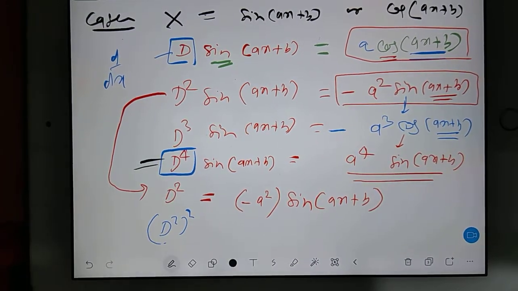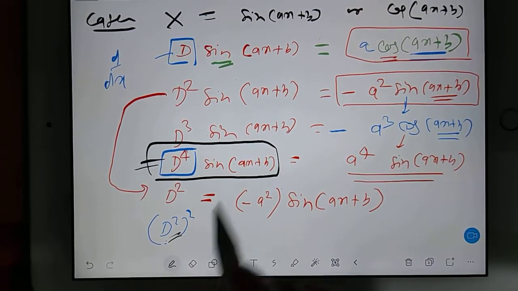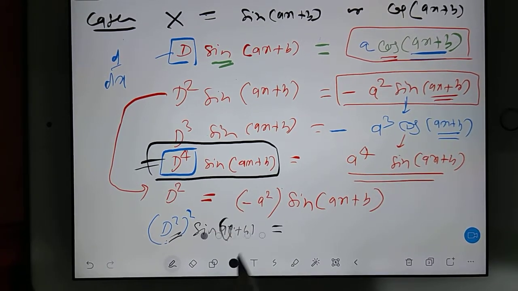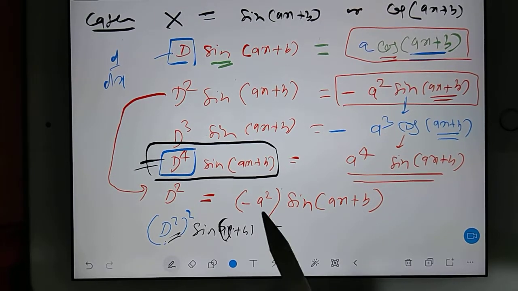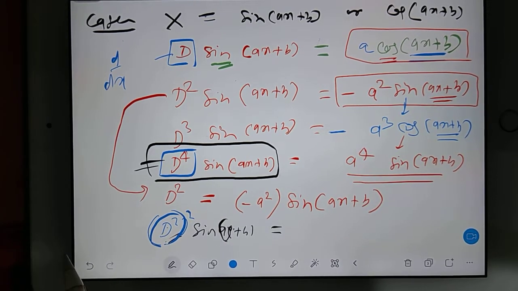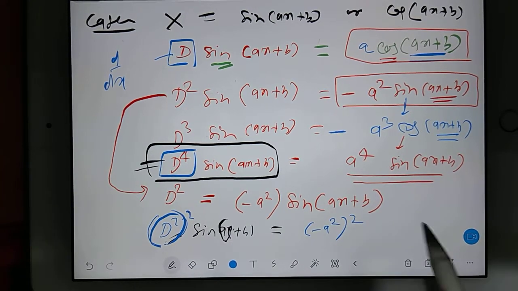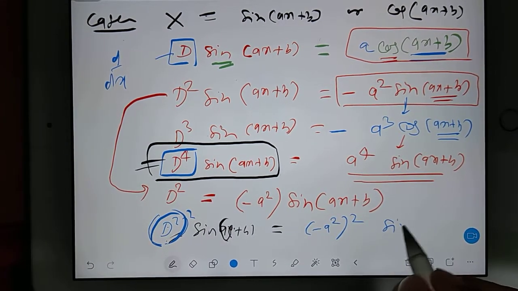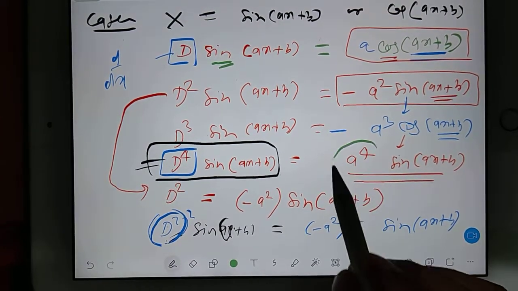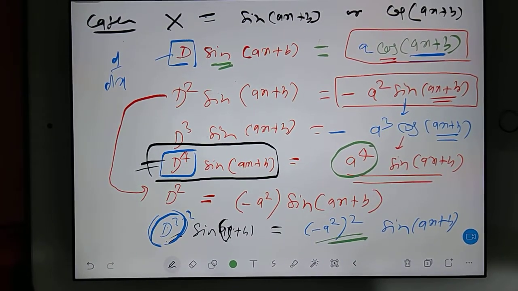So this total answer I can write as sine ax plus b. In the d square value, only that part I can write as minus a square whole square and sine ax plus b. Get my point? What change I am doing? This a power 4, I can write like this.